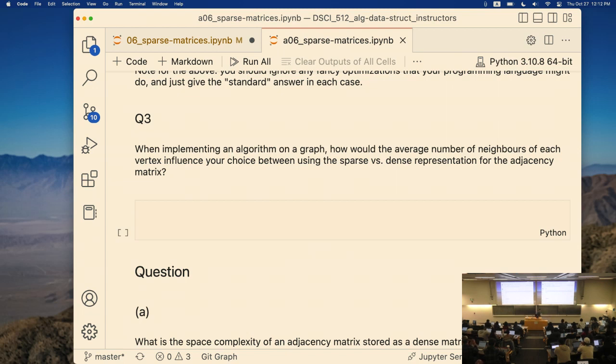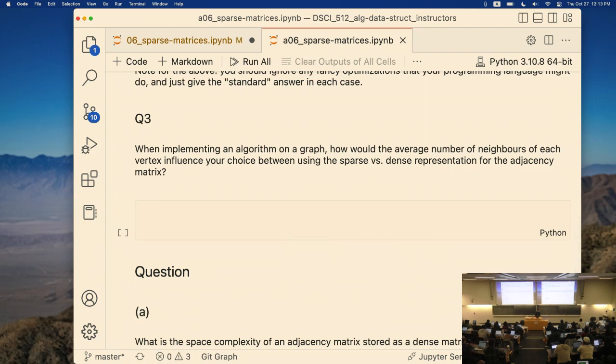In what situation would you use the adjacency matrix itself? Based on the number of neighbors. Right. Again, it's just a variation on the questions that we have asked before. If you have a large number of neighbors connected to each node on average, then we would use the adjacency matrix because of its more desirable time complexity behavior. However, if we have very few neighbors, then it makes sense to use the sparse matrix.